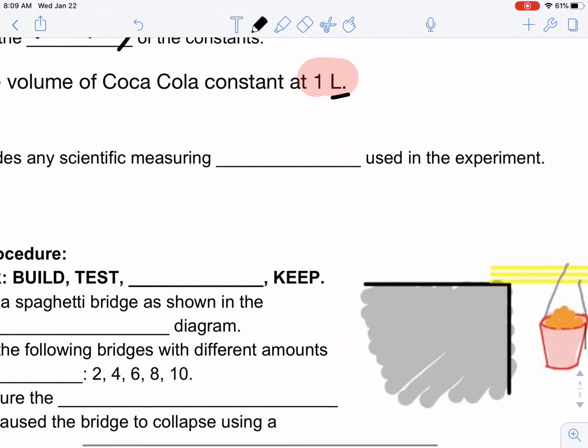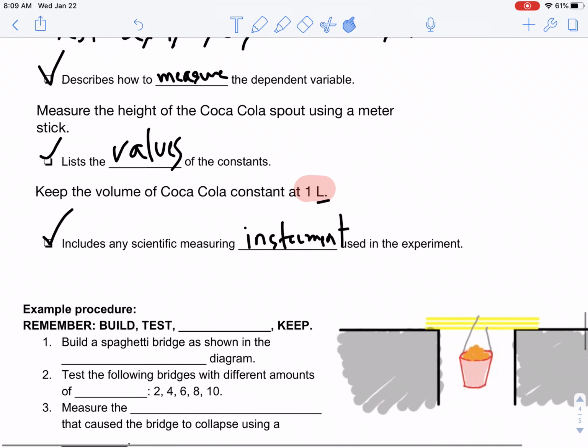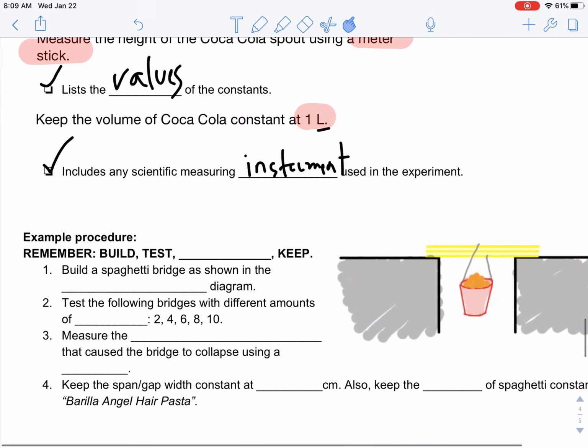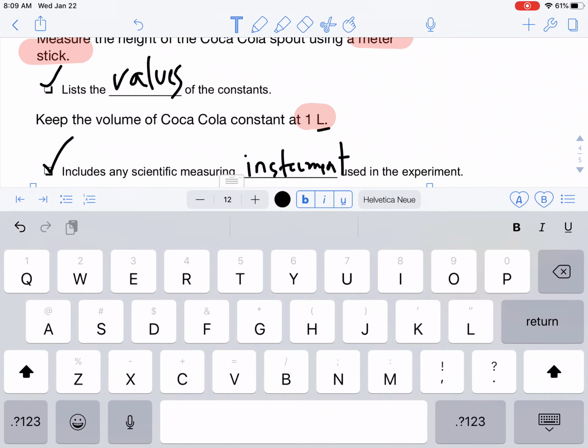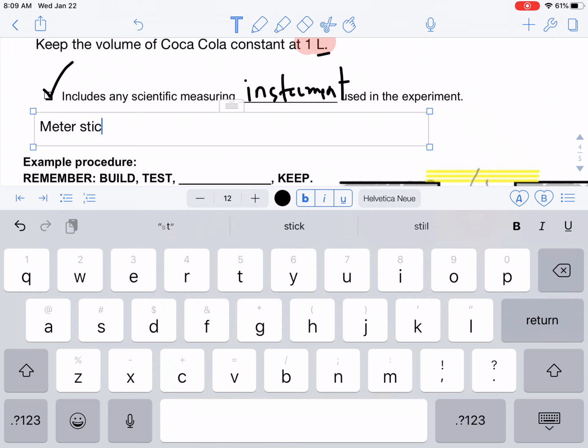So what is a scientific instrument? We've already done that, which is nice. So when we said measure the height of the Coca-Cola spout using a meter stick, we've mentioned the scientific instrument that we're going to be using. So just as other examples, besides meter sticks, we might be using things like stopwatches. We're not going to use that in this Mentos experiment.